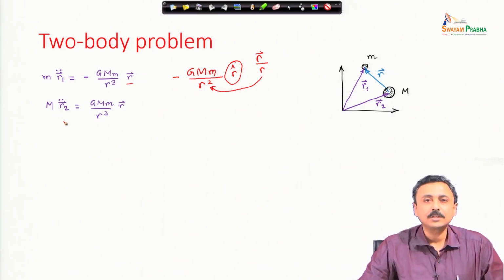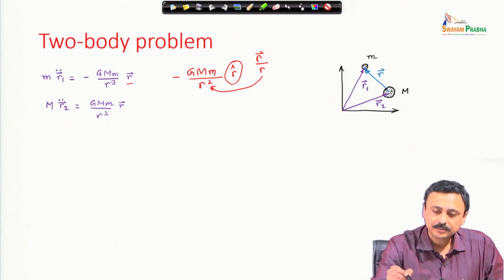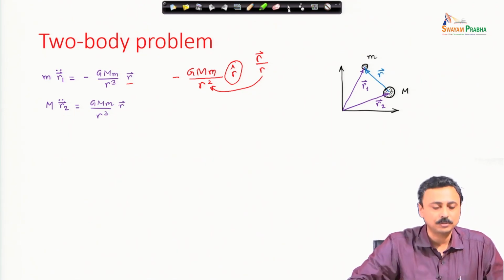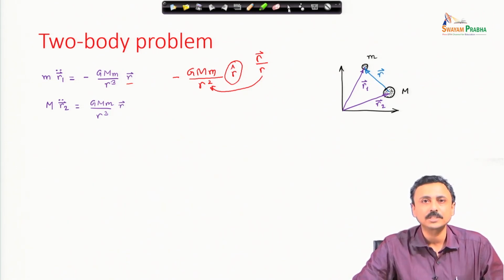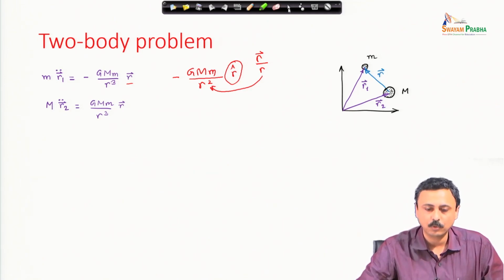Similarly, for the uppercase M mass, it is capital M times r2 double dot is equal to plus G M m by r cube into r vector, because of equal and opposite forces acting on these two mass points.